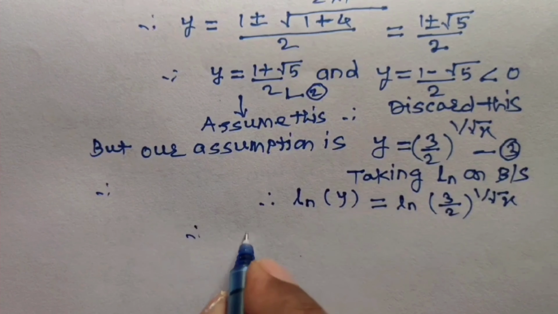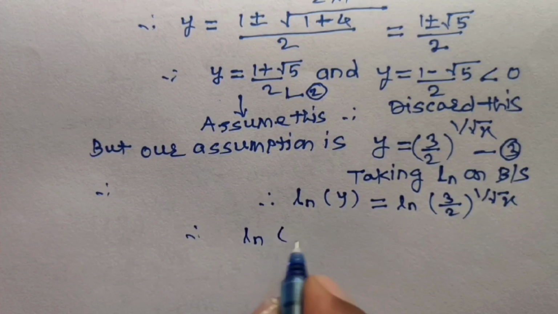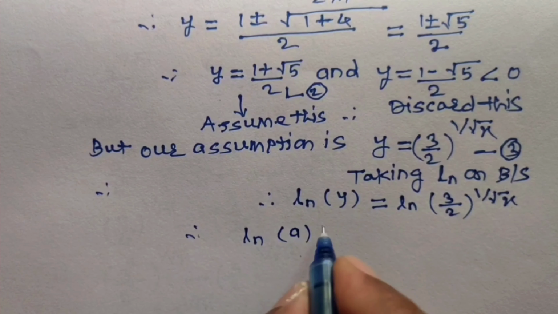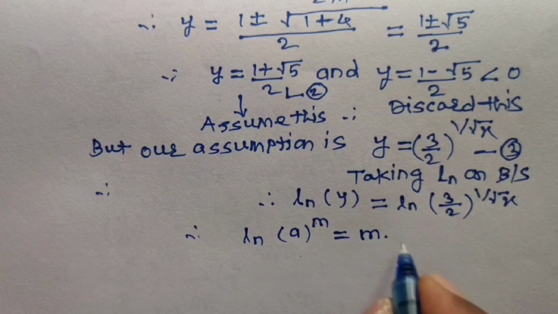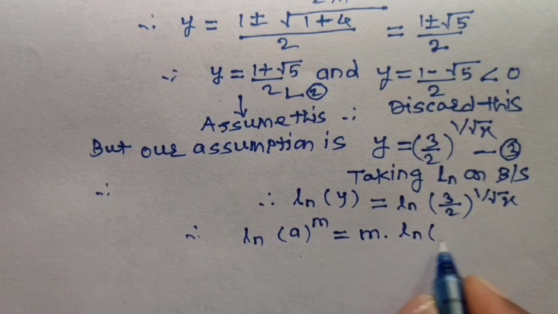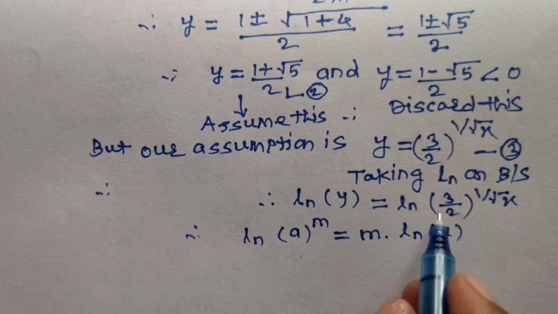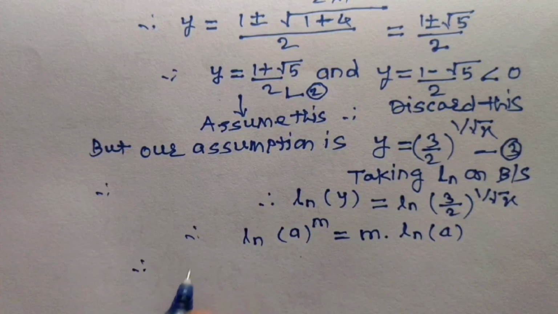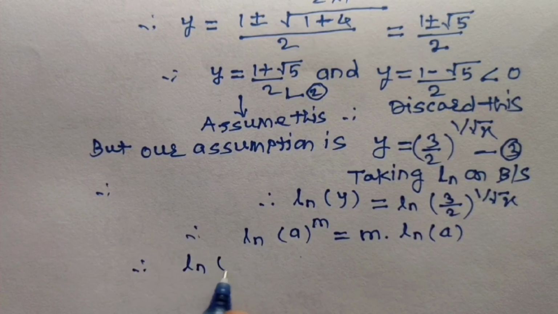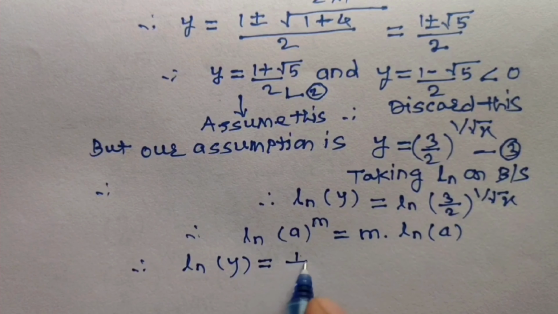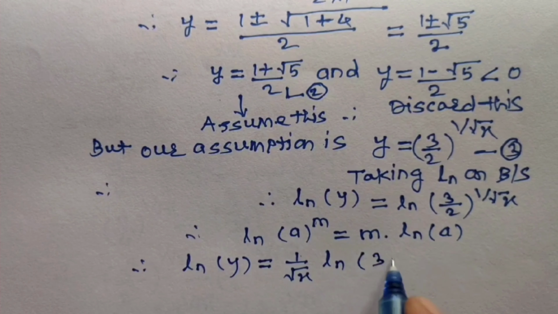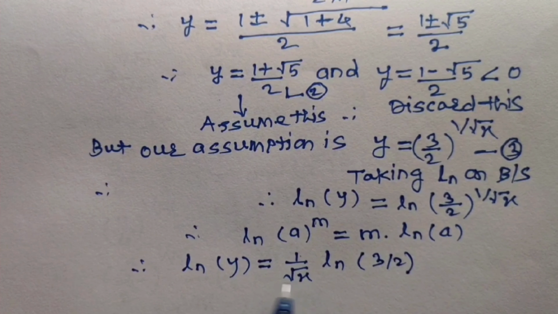Here on the right hand side we have to apply the property of logarithm. Logarithm of a to the power m, we can write as m into logarithm of a, where the power becomes the multiplier of logarithm. Hence ln y is equal to 1 divided by square root of x times ln 3/2.